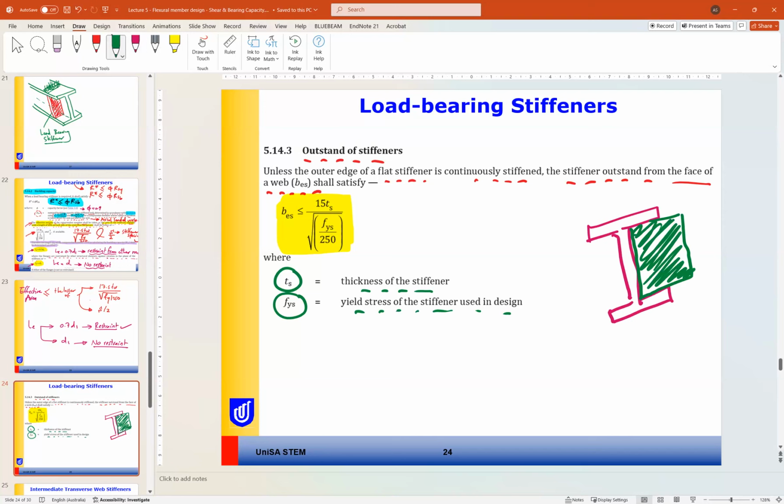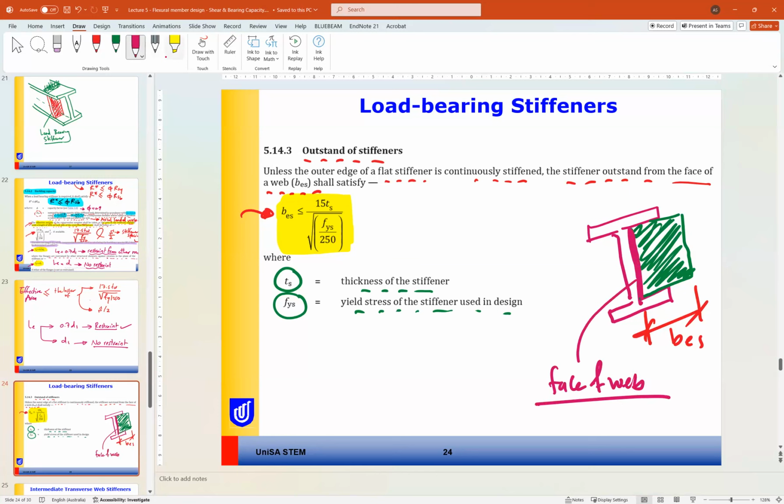The width of this part is called b_es. b_es is the outstand of the stiffener from the face of the web. So this is the face of the web we are talking about, and this is b_es.